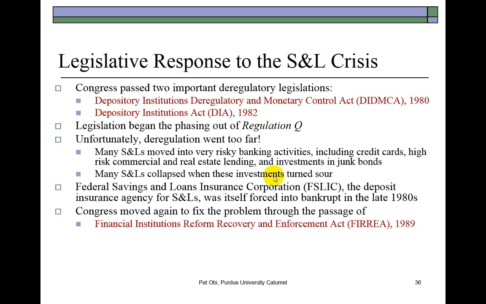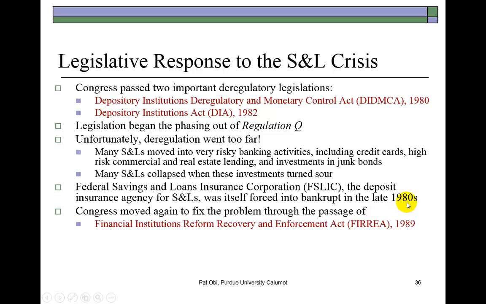They went too far and again began to fail on account of high risk investments out there. In fact, many S&Ls failed so much so that the Federal Savings and Loans Insurance Corporation, FSLIC, the deposit insurance agency for these savings and loans itself, was forced into bankruptcy in the late 1980s.